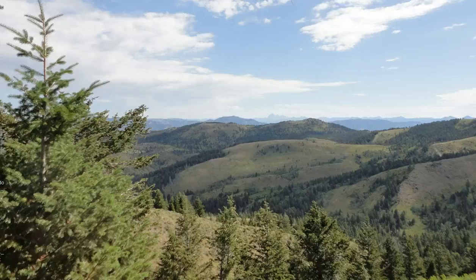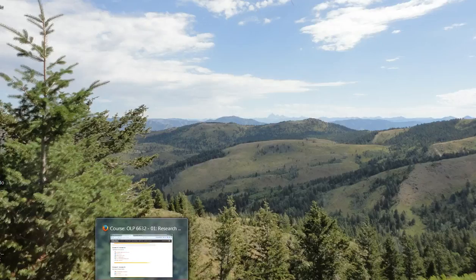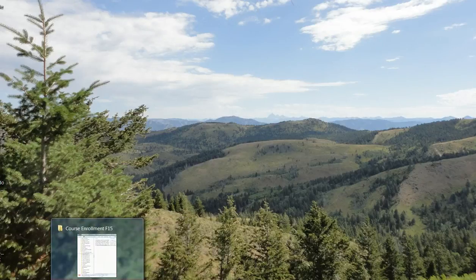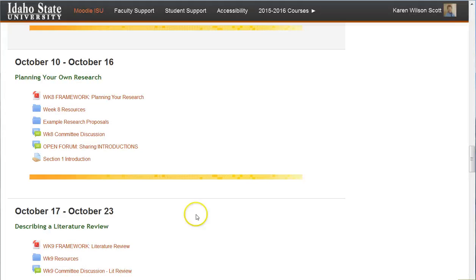So let's take a look at what we're going to be talking about this week as we conclude our getting ready for Section 1, not Chapter 1, but Section 1. So let's take a look. All right, we're just concluding Section 1, the introduction, right?